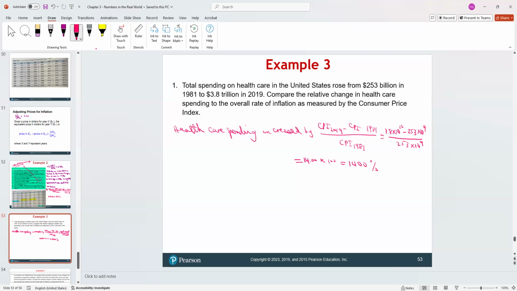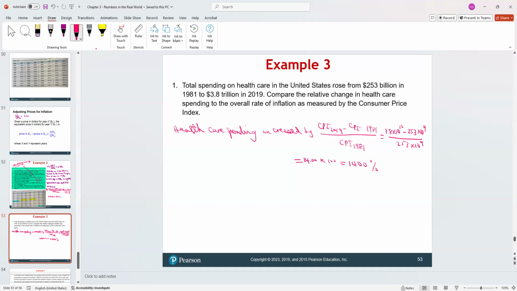Whereas the overall rate of inflation, if you look at it in different ways, they said 2019, right? Can we verify that?